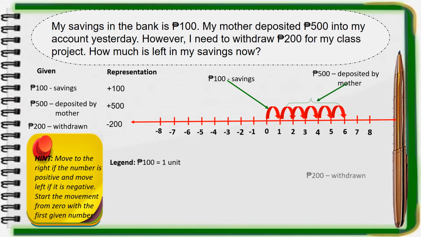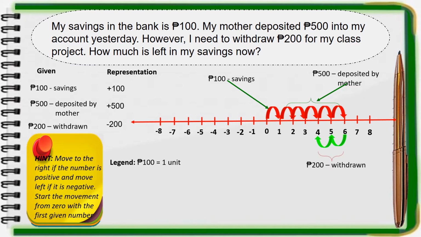Then, negative 200. Since it is negative, ang ating movement ngayon ay pakaliwa. Ngayon, saan tayo mag-uumpisa? Babalik ba tayo ng 0? Hindi. Mag-uumpisa tayo ng pabalik sa kung saan tayo nag-stop nung last movement. So, nag-stop tayo kay positive 6. So, dito tayo mag-uumpisa pabalik ng kaliwa.